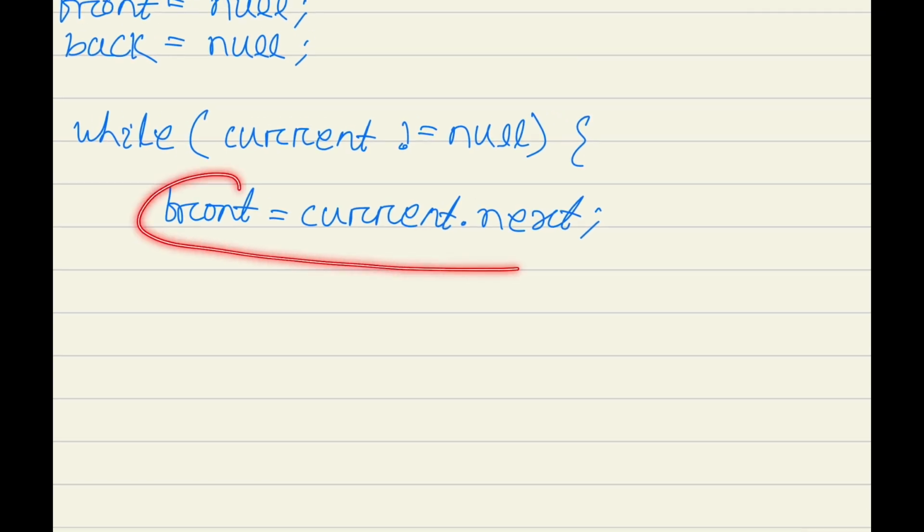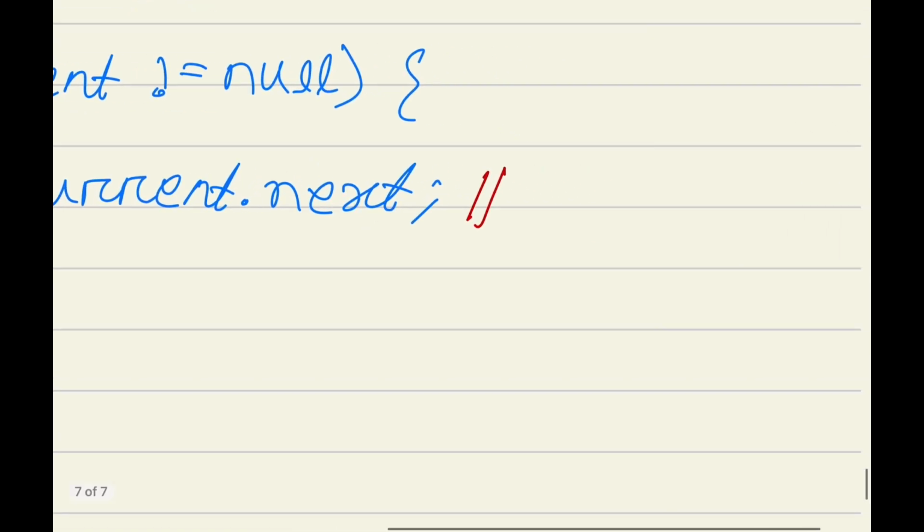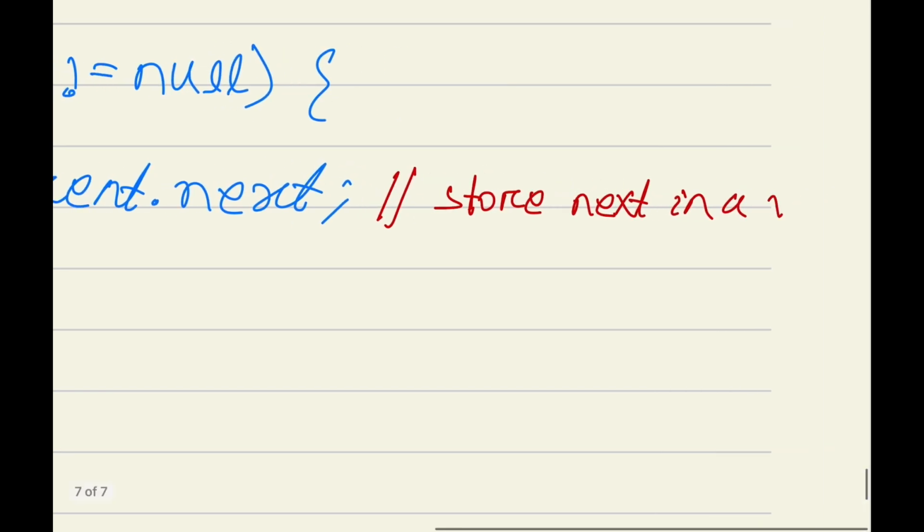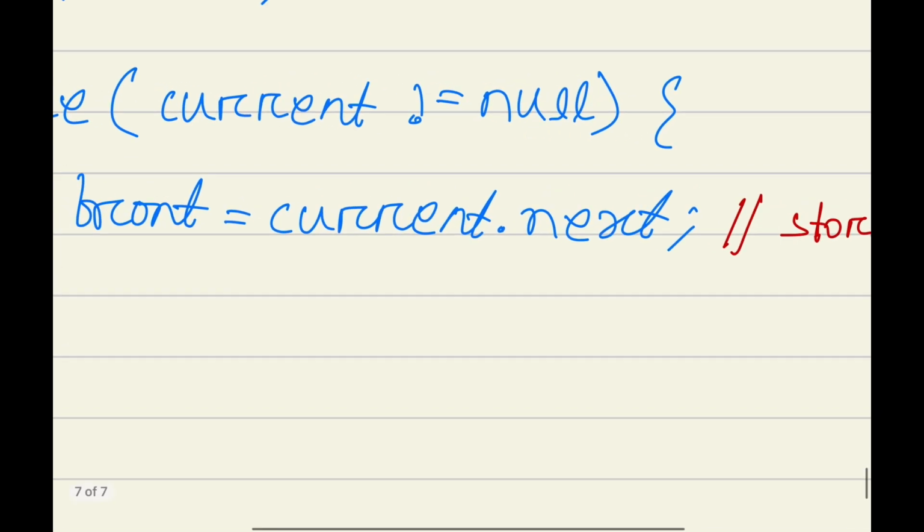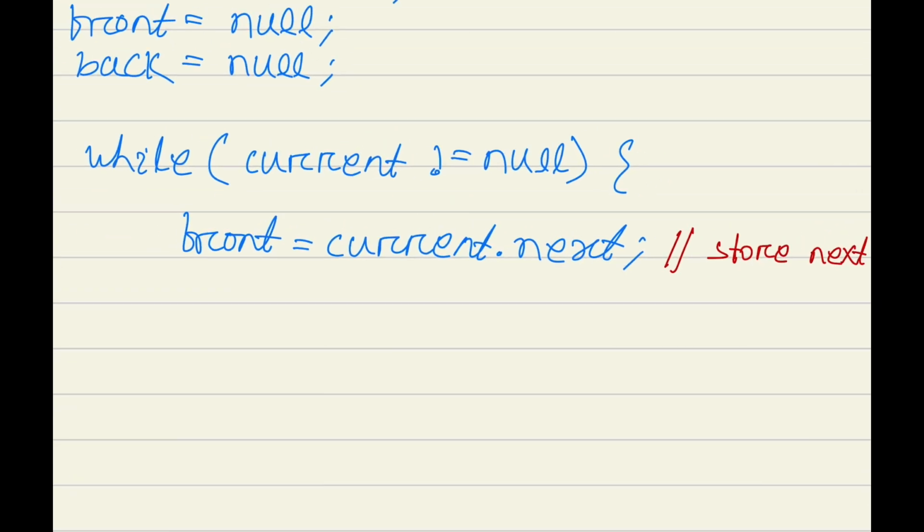This means we are storing the next of current in a reference variable front. That means we are keeping track of the next node of the current. We are writing this statement to store next in a variable.